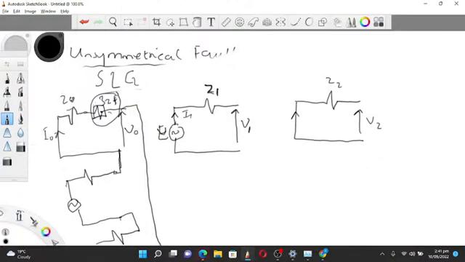What I was about to say before I was disconnected: the 3ZF that I have here, usually they put it here.